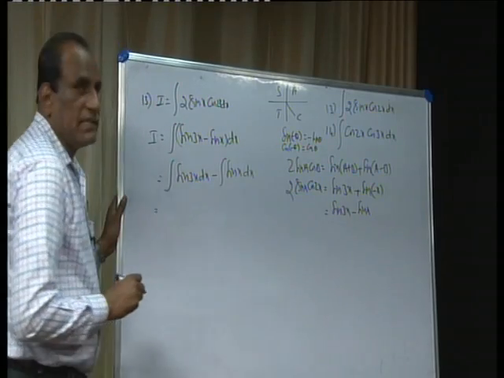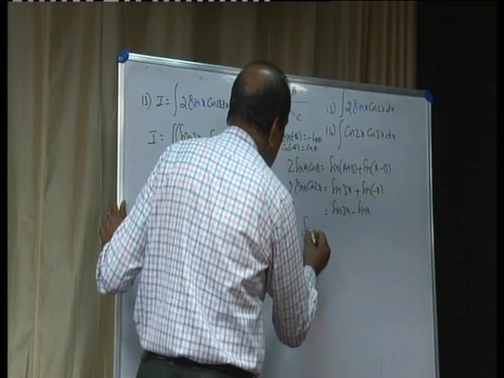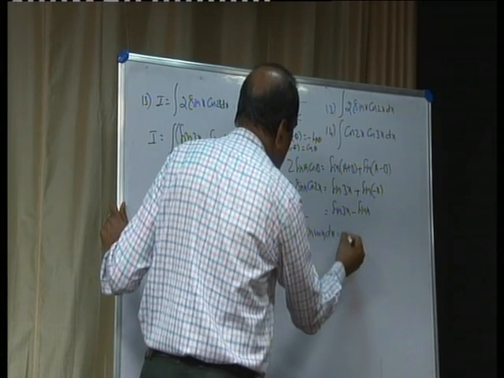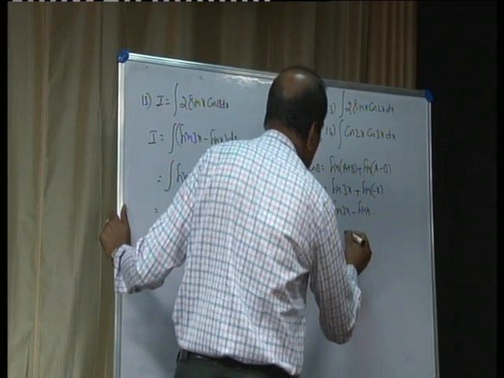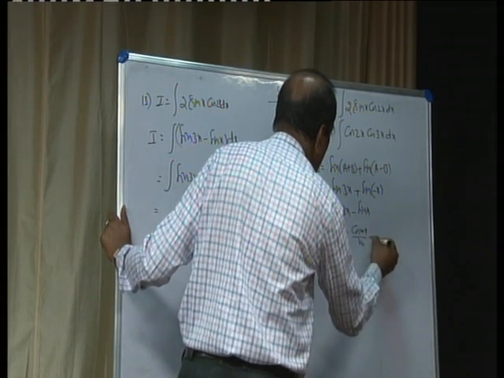Integration of sin 3x: the formula is that the integration of sin mx dx is minus cos mx by m plus c.